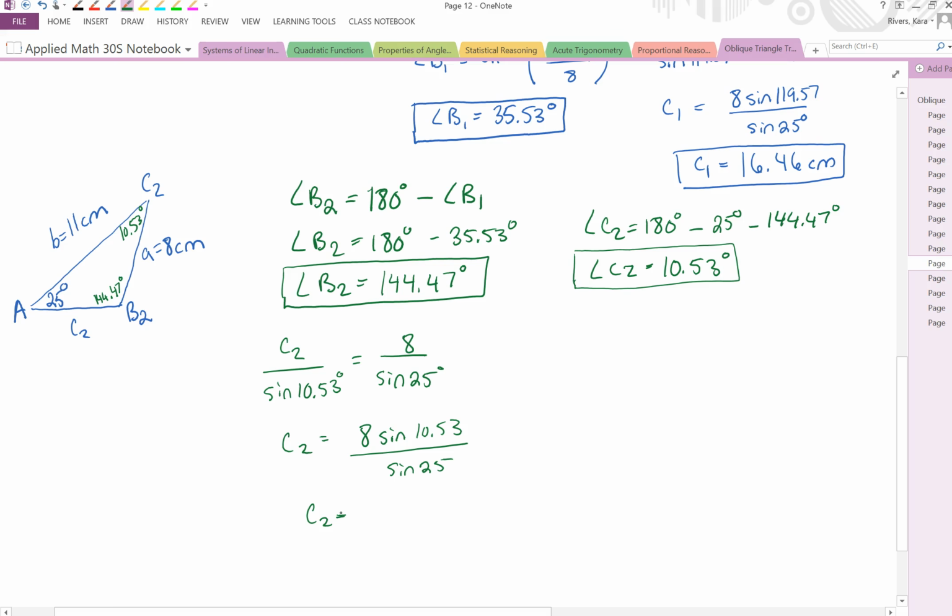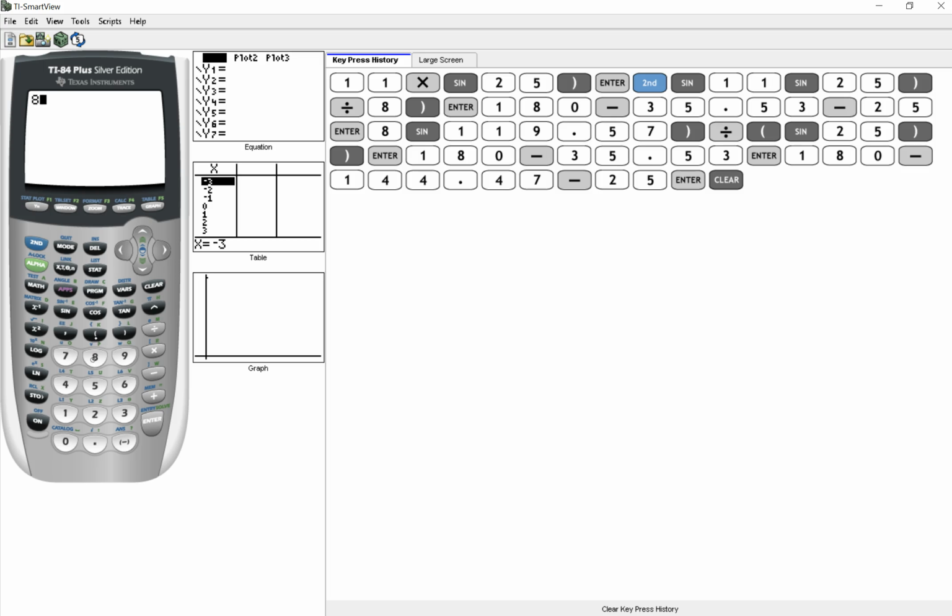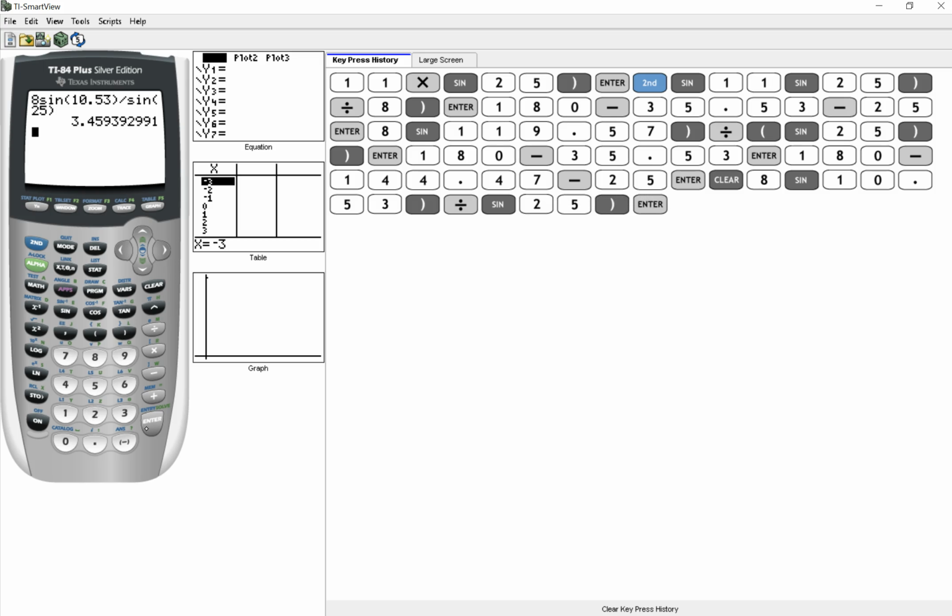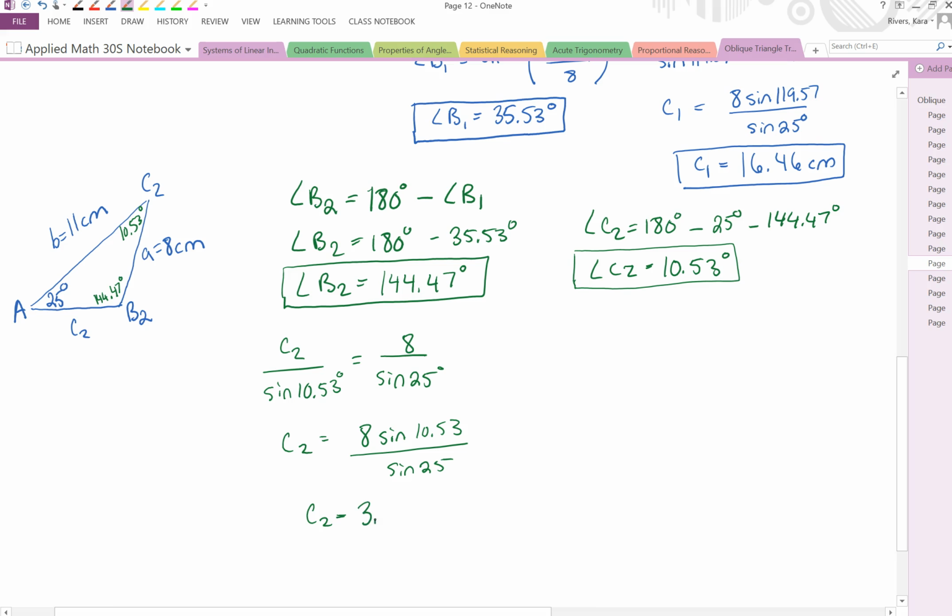Punching all of that into our calculators, 8 sine 10.53, all divided by sine of 25, gives us an answer for C2 of 3.46. And that's in centimeters. Put a box around that and add that to your diagram.